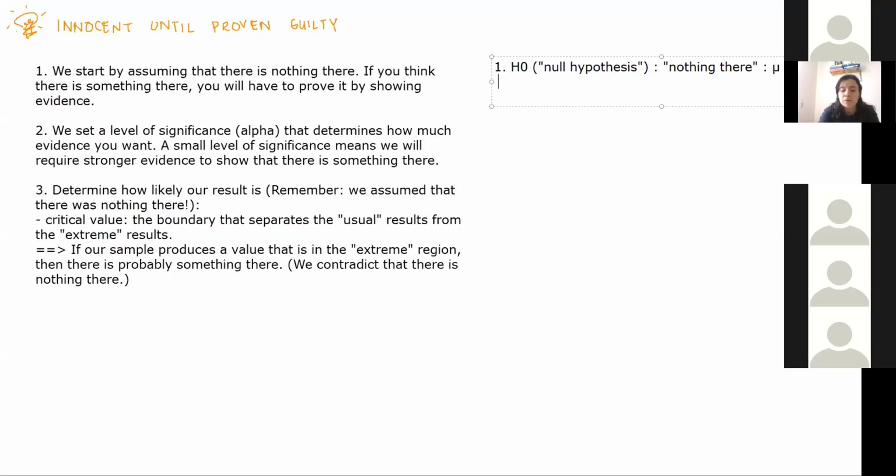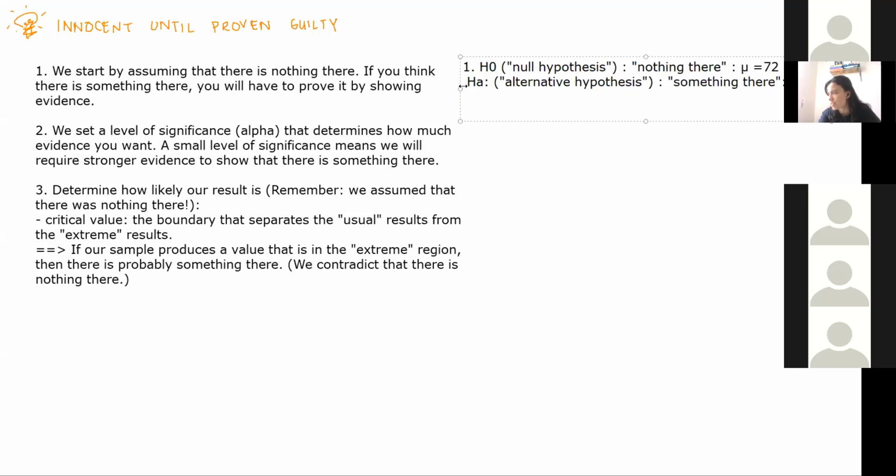Okay. Then we have the alternative hypothesis, which is what we're trying to prove, which means the something there. And in this case, that was that mu was larger than 72. This is what he was trying to prove, right? That the mean was actually larger than 72, so larger than for the rest of the students.